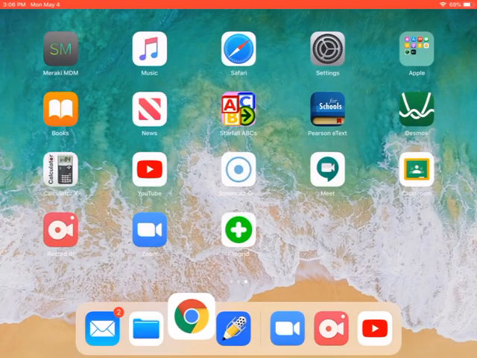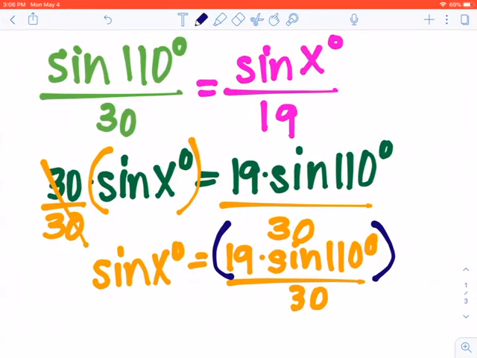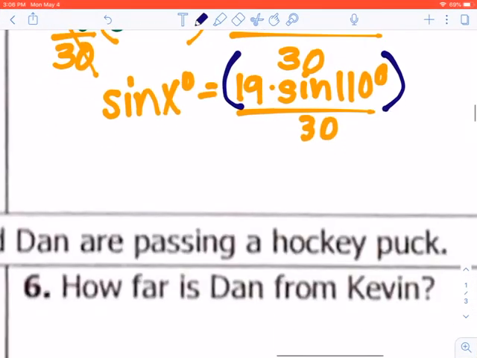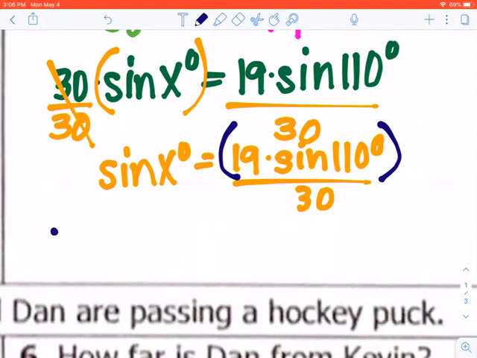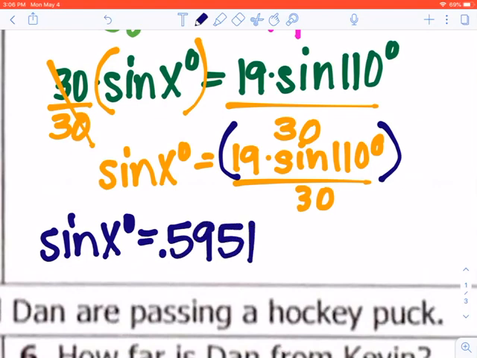I'm going to round this a little bit, and I'm going to write that down. I'm going to say the sine of x degrees equals 0.5951. Now, we still have not solved for our angle. Back in lesson 1 or 2, I don't even remember anymore, we learned how to find the angle.